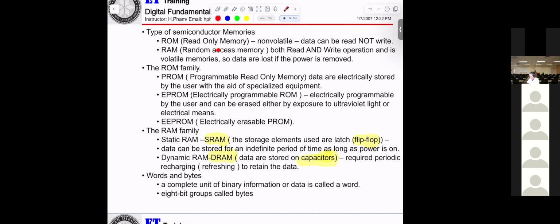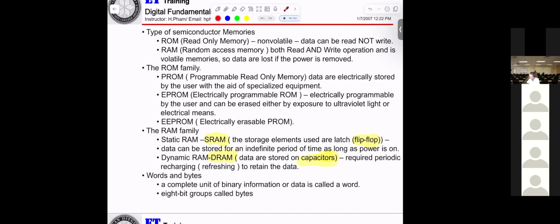RAM, random access memory, allows both read and write operations, and is volatile memory, so data are lost if the power is removed. So now you understand. With ROM, if you turn off power, data cannot be erased. However, with RAM, when you turn off your computer, everything will be cleared.